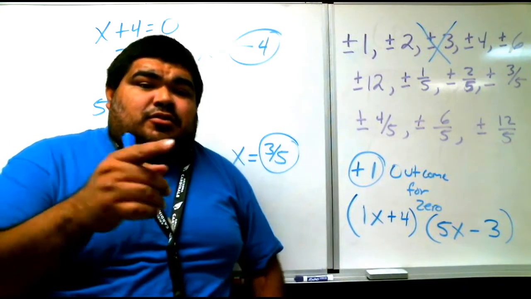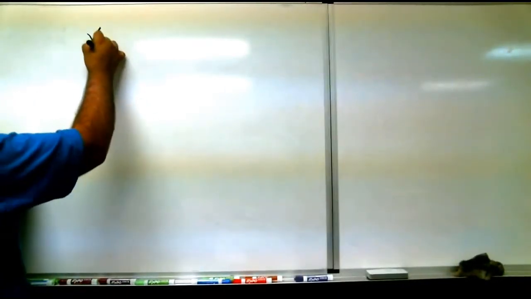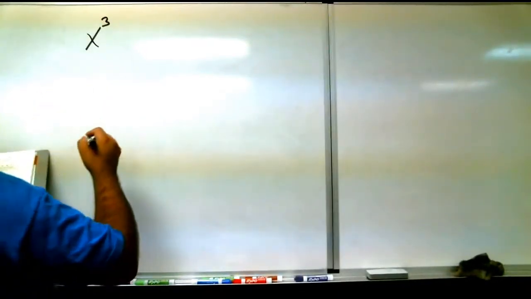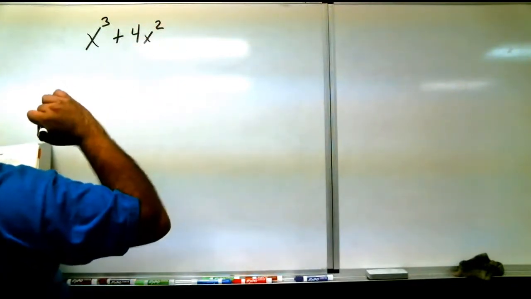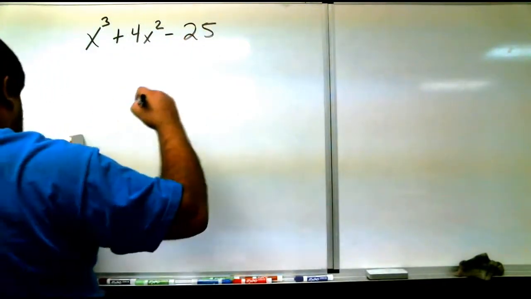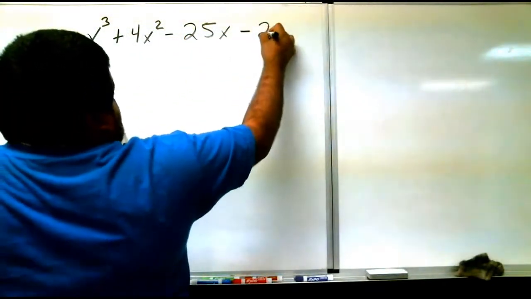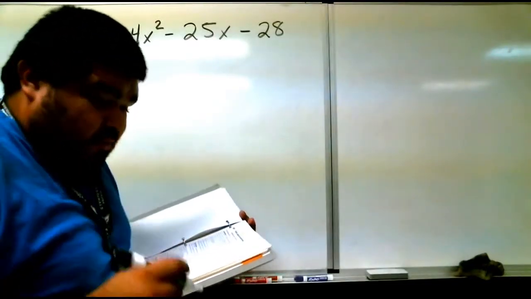So here is your assignment for today. All right, guys. Your assignment for today is x to the third plus 4x squared minus 25x minus 28. That's your first one.